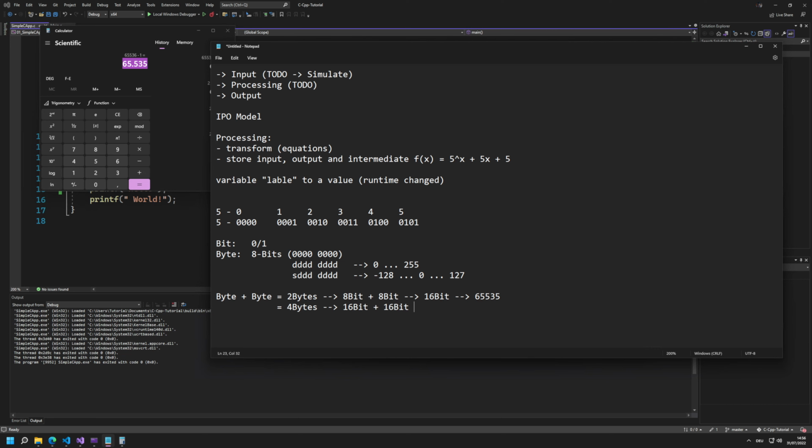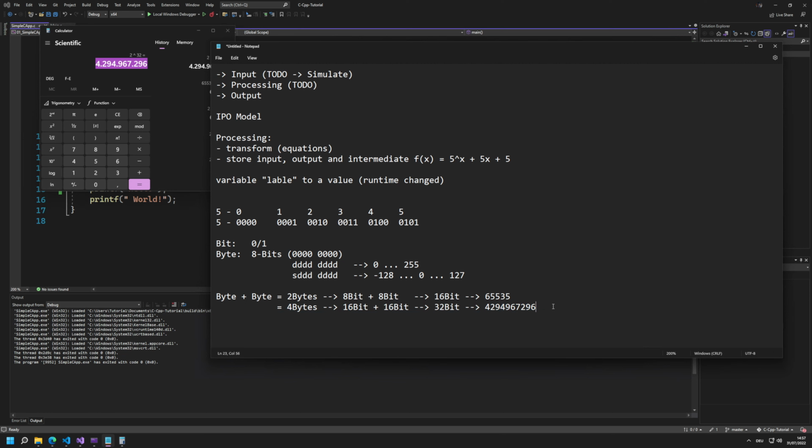This would mean that you now have a 32-bit number. And by having a 32-bit number, we could do the math again, 2 to the power of 32. And you can see this is really escalating quite heavily. So this is about 4 billion. So 32-bit, quite far.